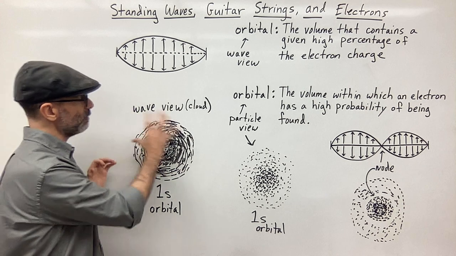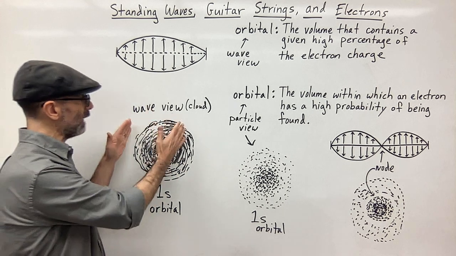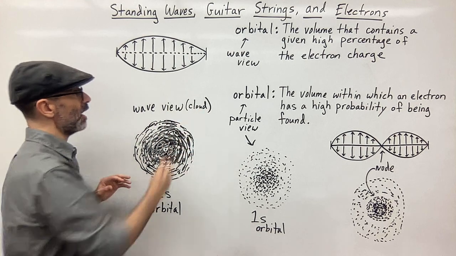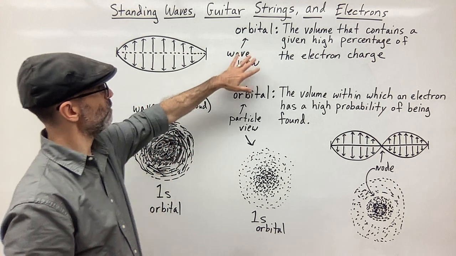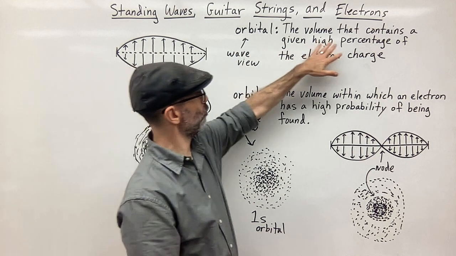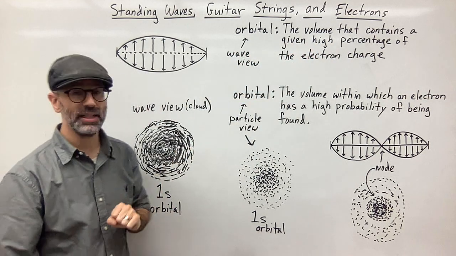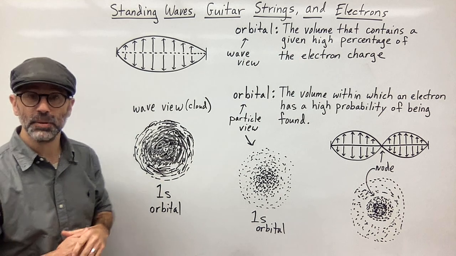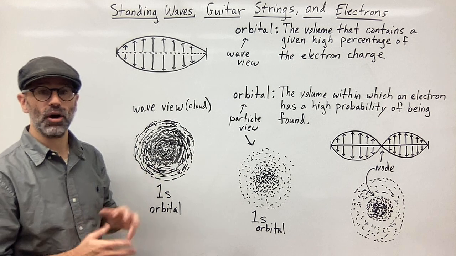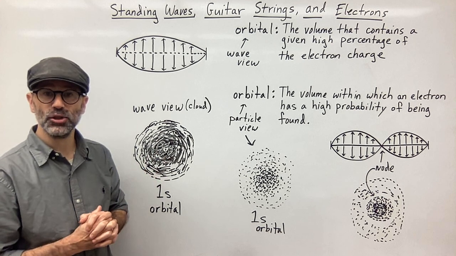And so we can define an orbital according to the wave view as a cloud. We can define the orbital as the volume that contains a given high percentage of the electron charge. So typically it's 90% or 99% or whatever percentage you're looking at.